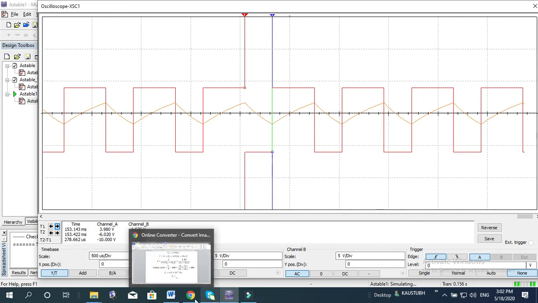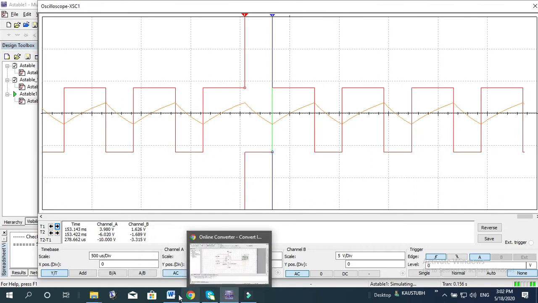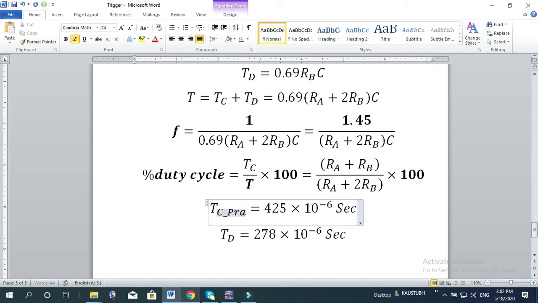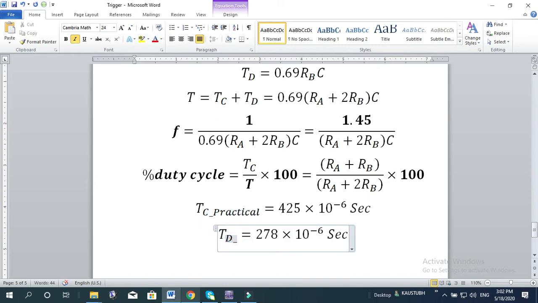Okay, so let it be 278 microsecond. So this is your practical. So let me write it as practical.